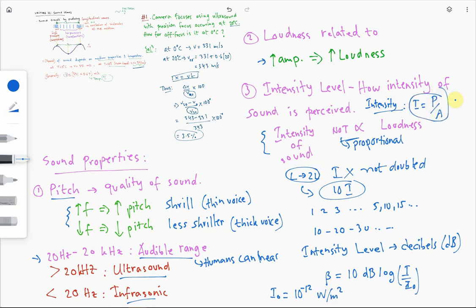However, the intensity level is defined using beta or decibel level. So these are different things, based on how the sound intensity is being perceived by human hearing. Let's talk less about this and look at the example to make this clear.